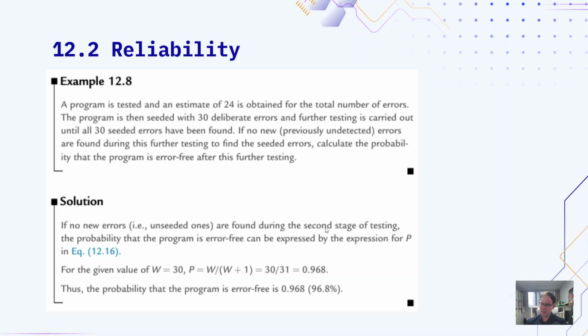The probability can be expressed as P, where W, the seeded errors, is 30, and P equals W divided by W plus 1. There might be one additional error that you didn't find yet, but the probability that it's error-free is 96.8%.